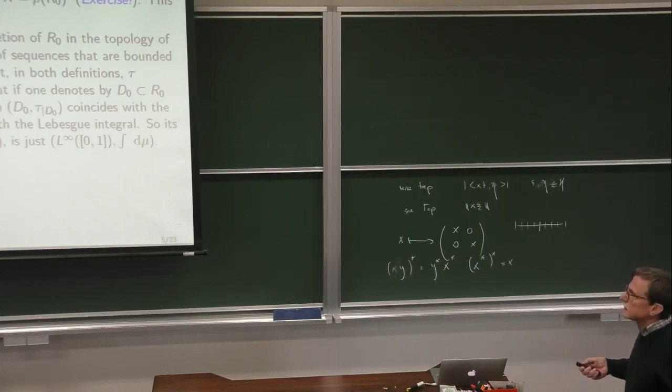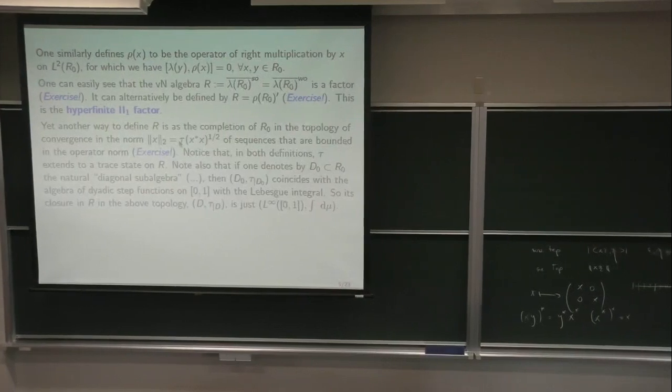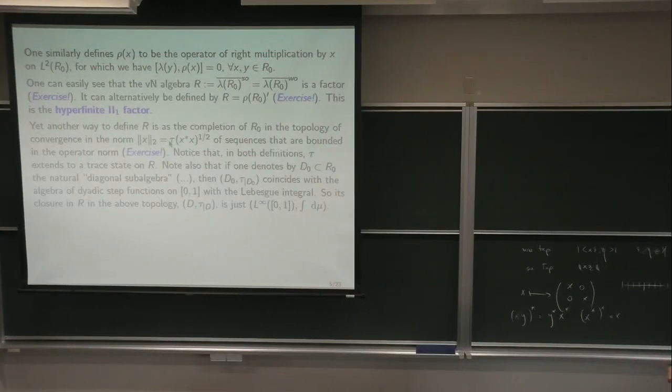So the completion that we operate on R0 to get R, when we restrict to this D0, gives us L infinity of 0-1, which sits like a sort of diagonal in our hyperfinite II1 factor. So the hyperfinite factor is like a non-commutative interval. It's the quantum 0-1.